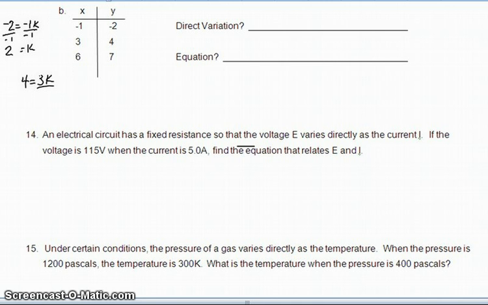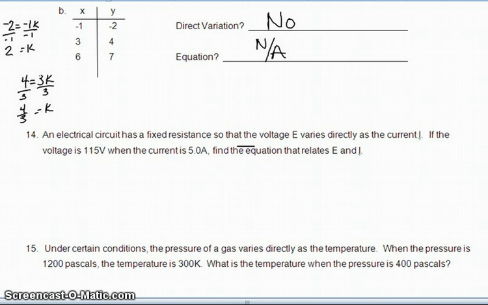Divide both sides by 3. K equals 4/3. They're not the same, so that should tell you that it is not a direct variation, and I cannot have a generalized equation that models the data.